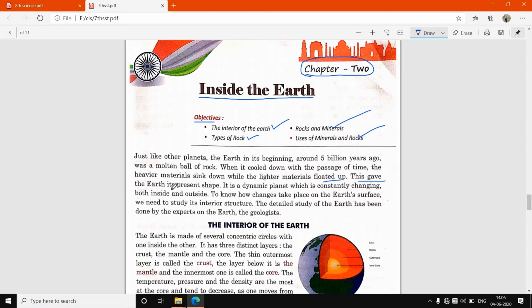This gave the earth its present shape. It is a dynamic planet which is constantly changing both inside and outside. To know how changes take place on the earth's surface, we need to study its interior structure. The detailed study of the earth has been done by the expert on the earth, the geologist.